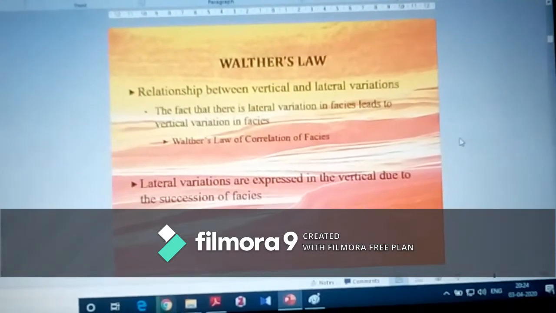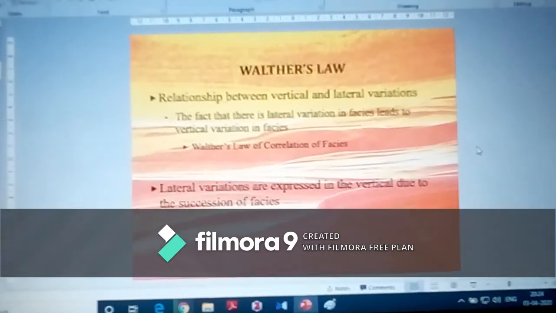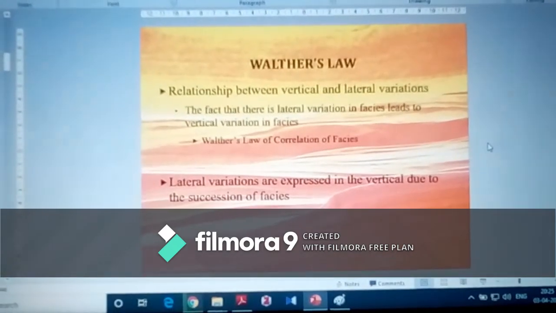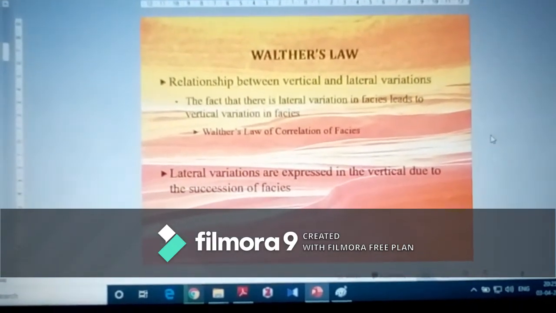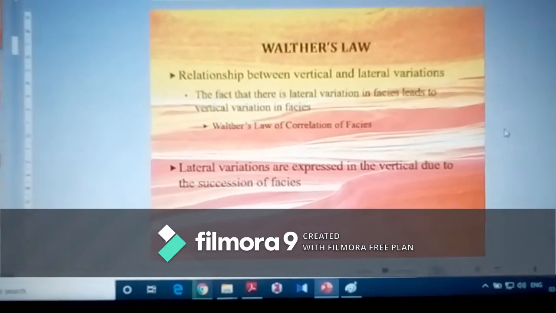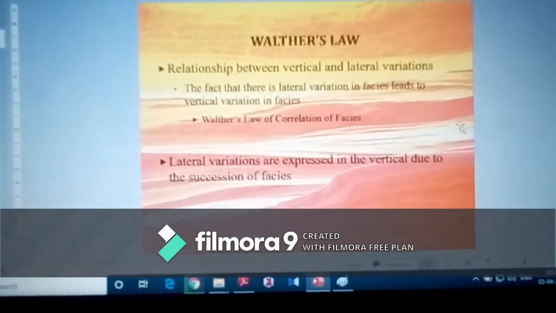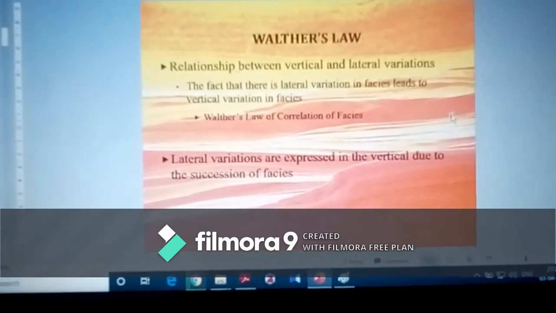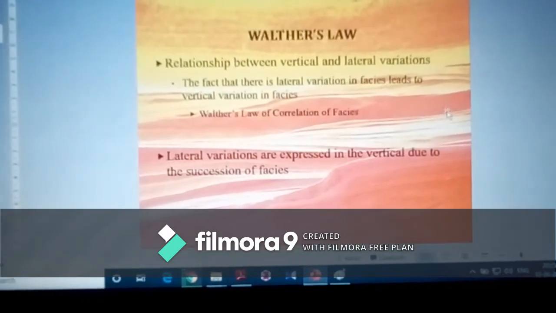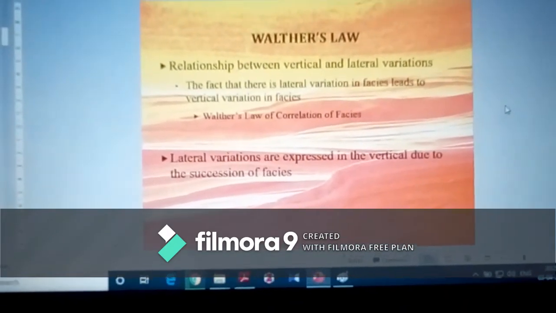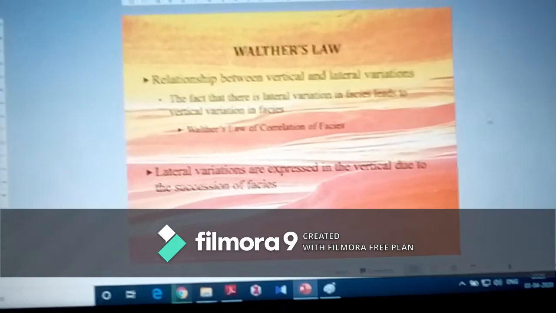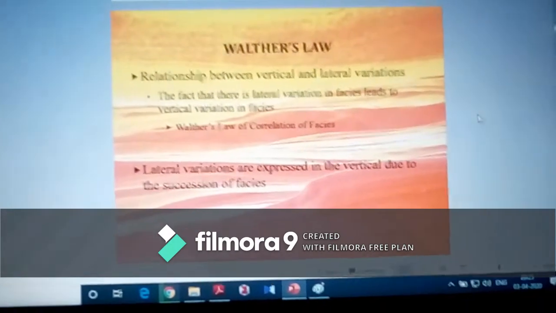Okay, good evening everyone. So I think many of you faced some problems regarding Walther's law. It basically relates to lithostratigraphy, and it states the lateral depositional variations of sediments.